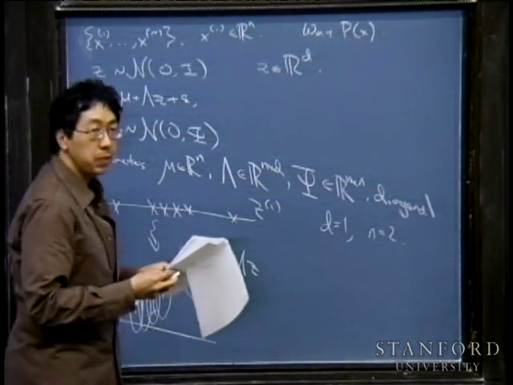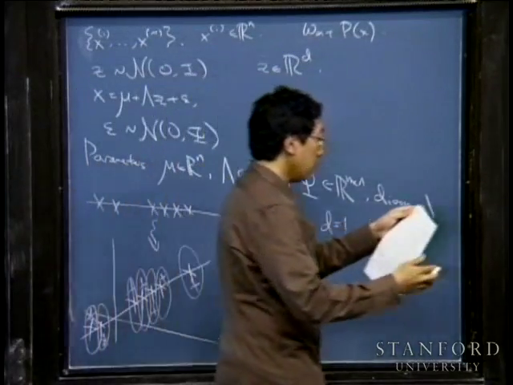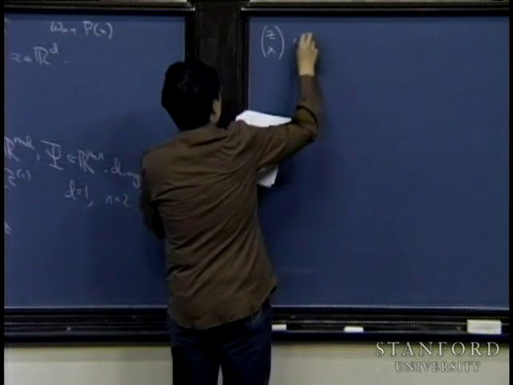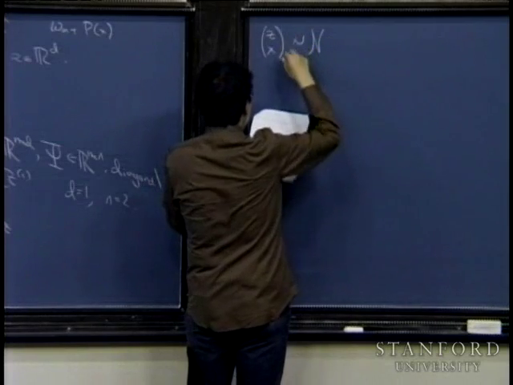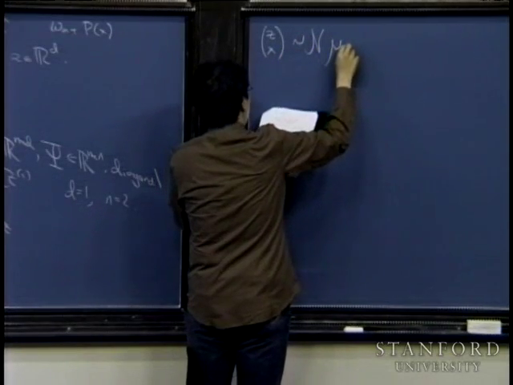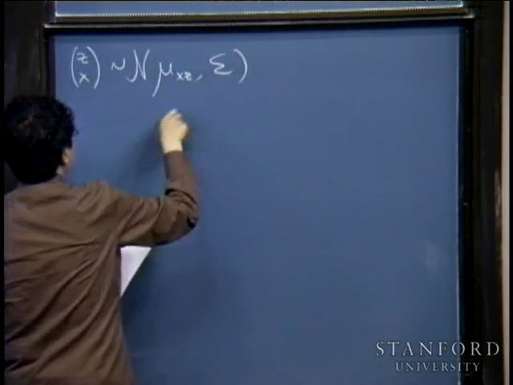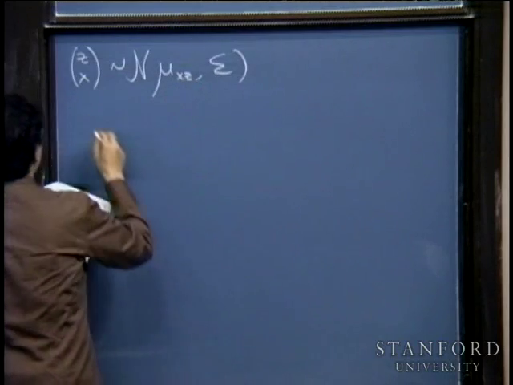So how do we fit the parameters of this model? Well, the joint distribution of z and x is actually Gaussian, with parameters given by some vector that I wrote as mu xz and some covariance matrix sigma.